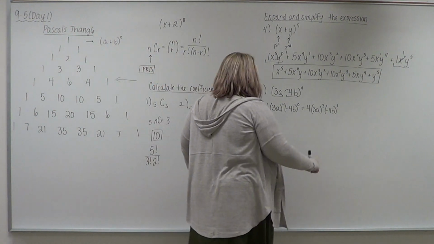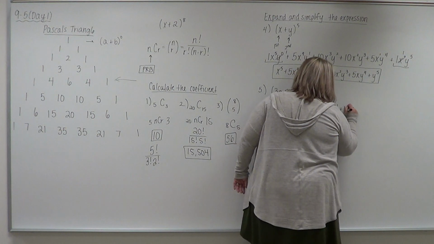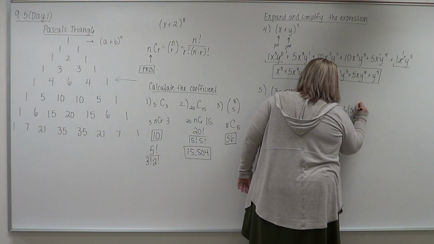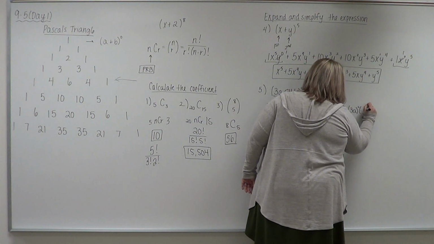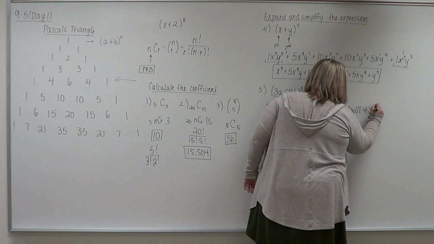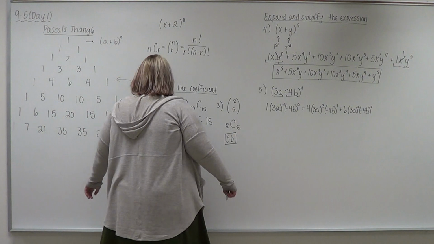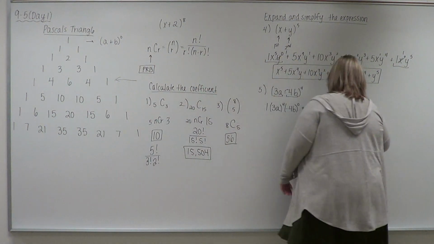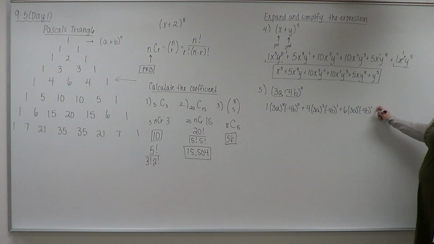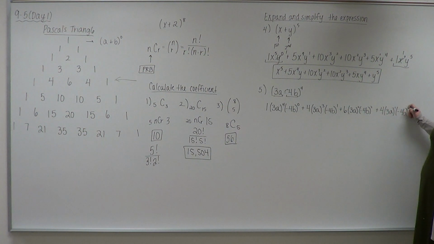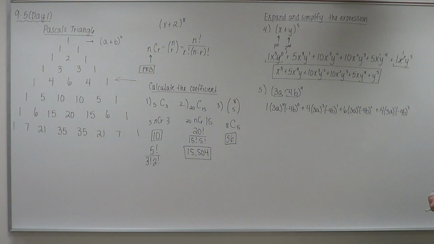Then I have plus 6. 3a will be squared. Negative 4b will be squared. Then I have plus 4. Then I'll have 3a to the 1st, negative 4b to the 3rd.